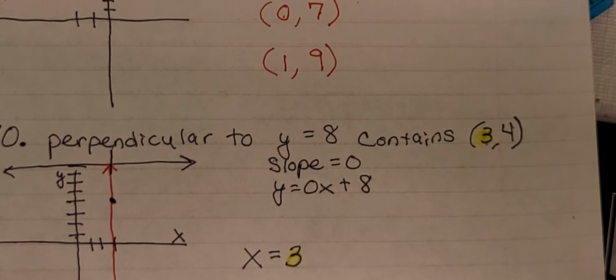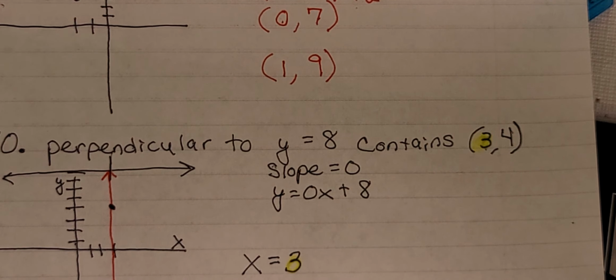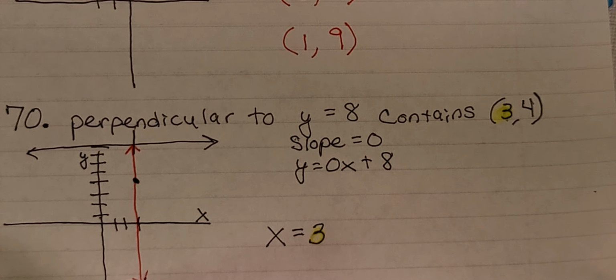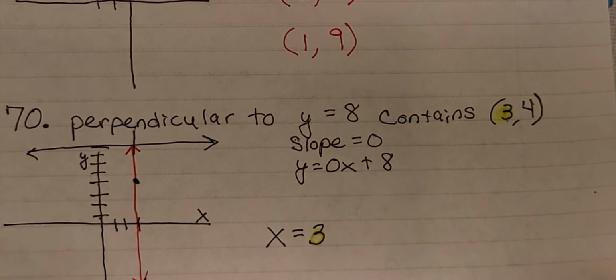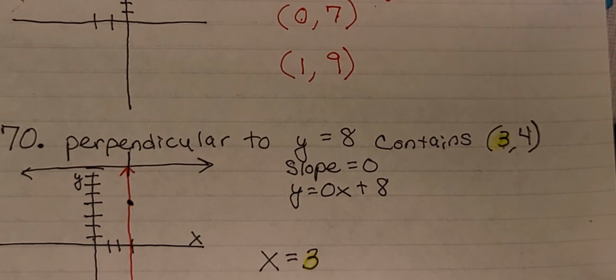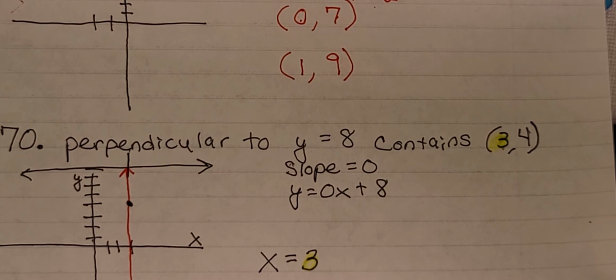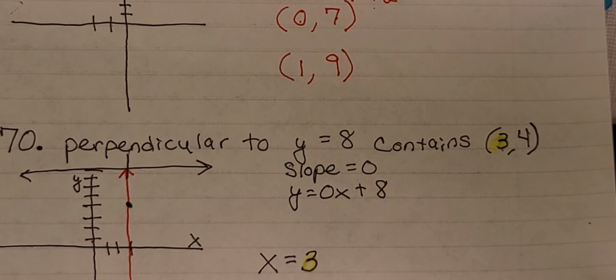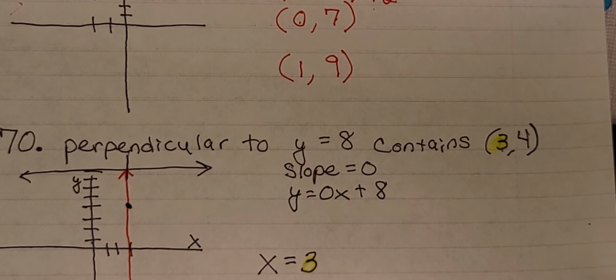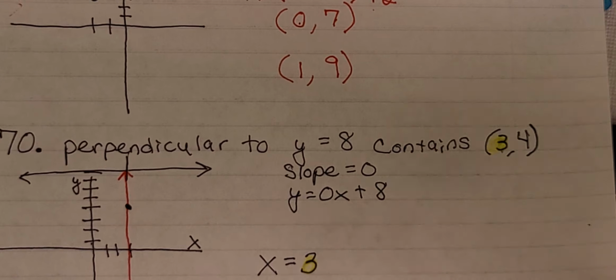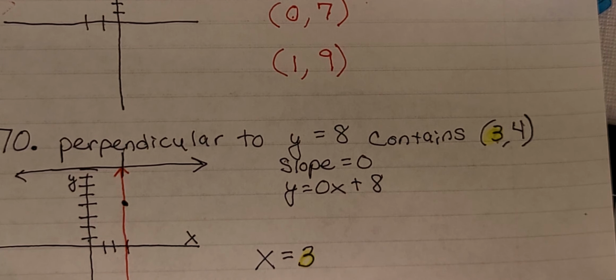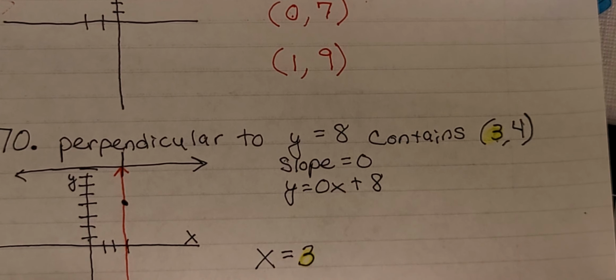All right, and then the last one is number 73. Okay, 73 says find the slope and the y-intercept of each line, graph the line by hand, and then check it using a graphing calculator. So this is 1/2 y equals x minus 1.